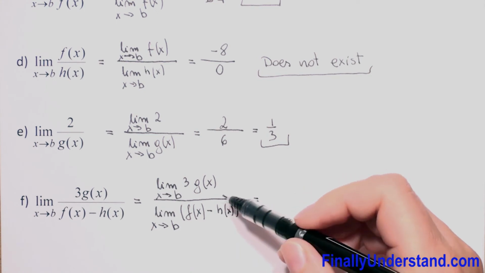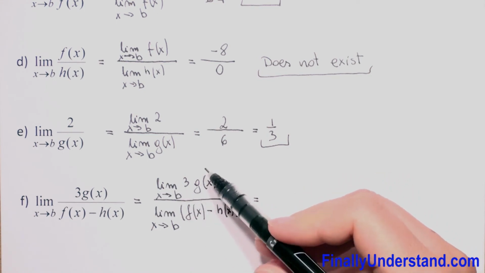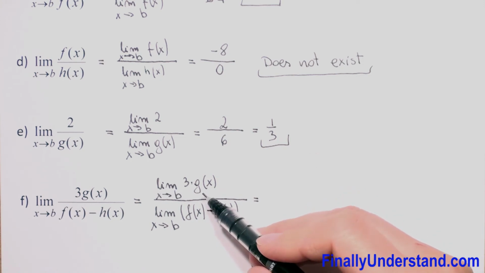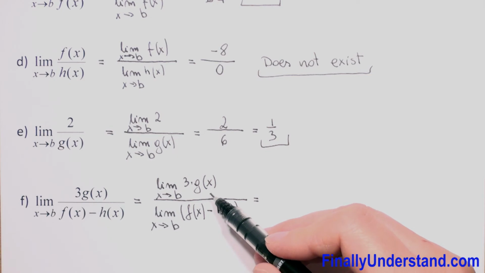Again, from properties of limits, we have multiplication here, so the limit of a product is equal to the product of limits.